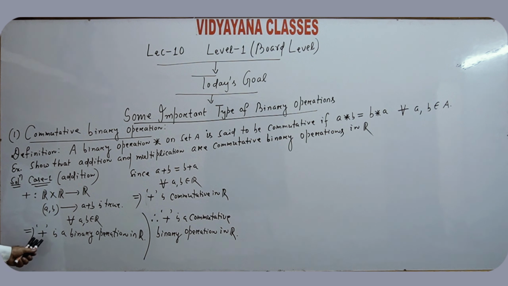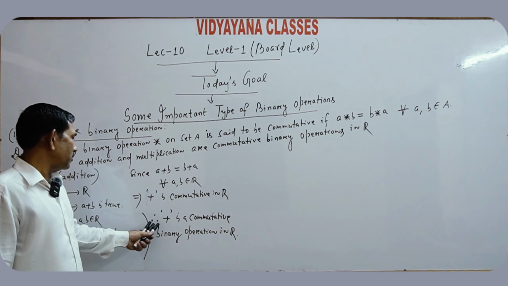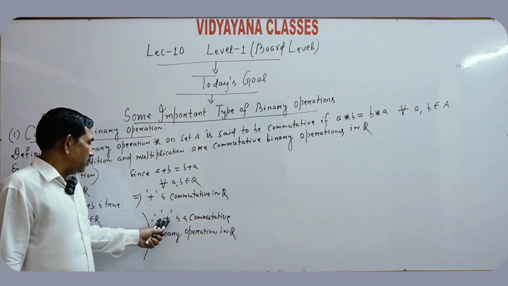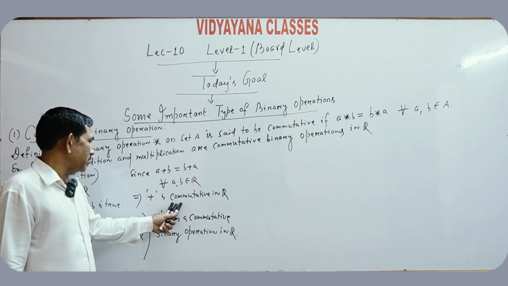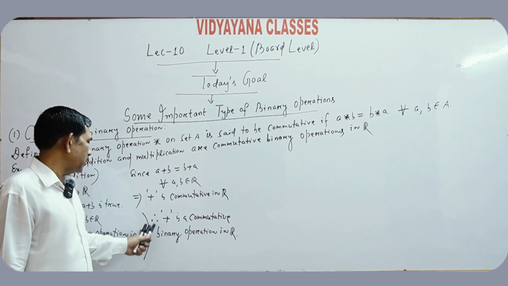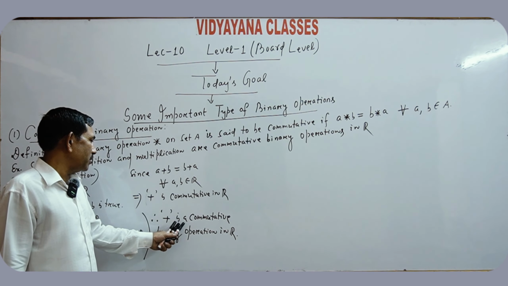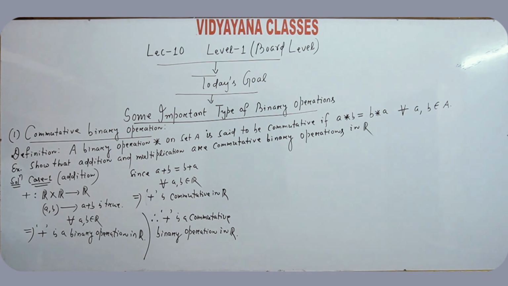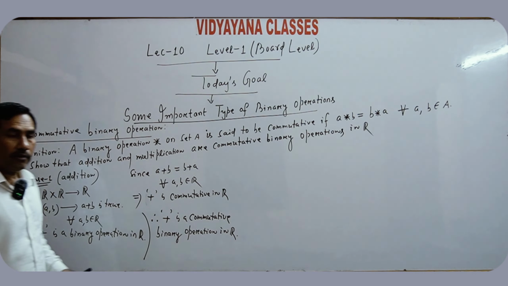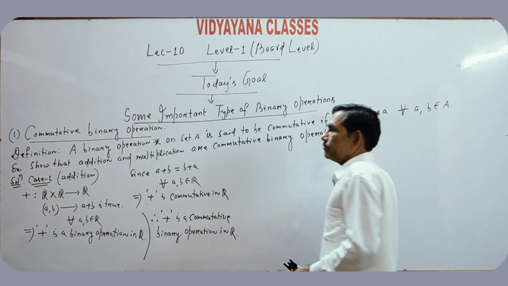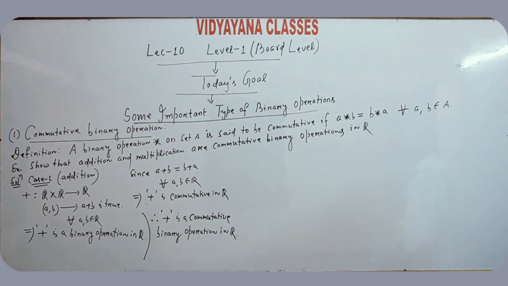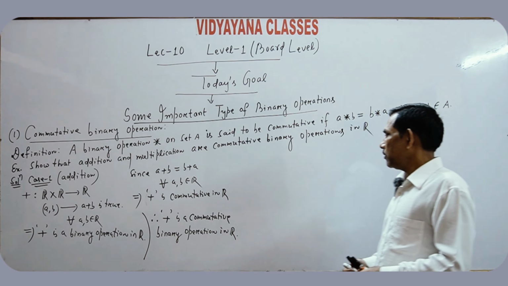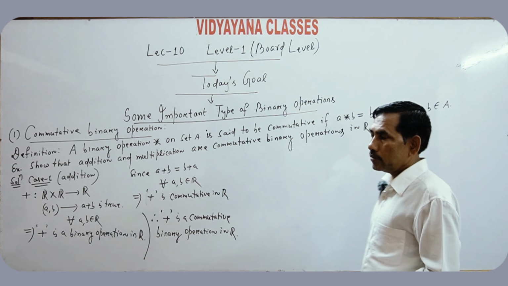In the first part, we showed that addition is a binary operation in R. In the second part, we showed that addition is commutative in R. In general, we can say addition is a commutative binary operation in R. Clear? Addition is a commutative binary operation in the set of real numbers.